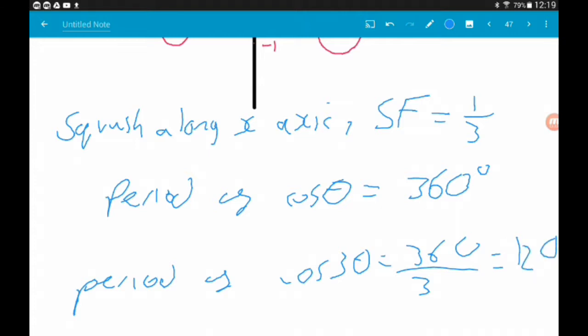So cos of 3 theta is going to repeat itself every 120 degrees. The reason for this is multiplying theta by 3 makes the graph happen 3 times faster. So whereas with cos of theta we can get one cycle or period in 360 degrees, with cos of 3 theta we're going to get 3 whole cycles.